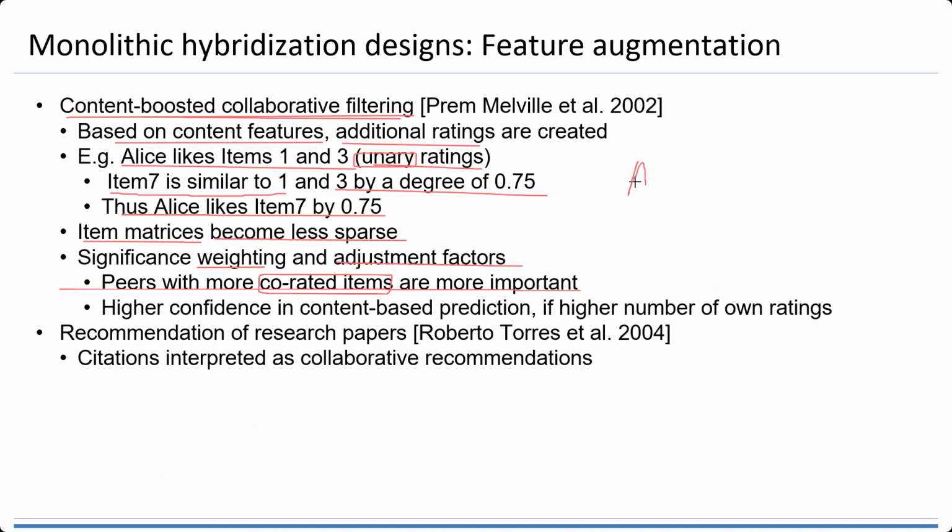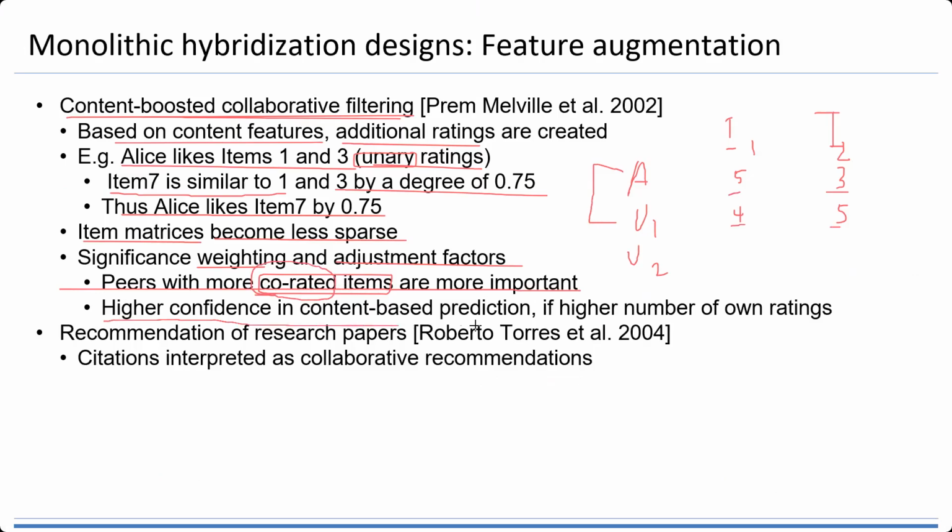If Alice gives item 1 rating 5, she also gives rating 2 to item 3, and then user 1 gives rating 4 to item 5, but user 2 didn't give any rating to item 1 and item 2, then we can say Alice and user 1 are co-rated, pairs with co-rated items. Because both users give ratings to the same items, we call them co-rated items.